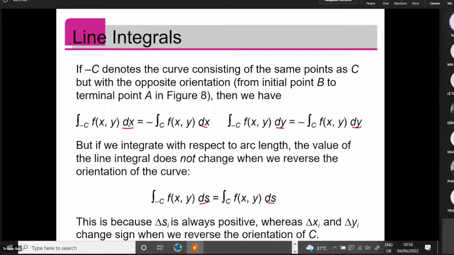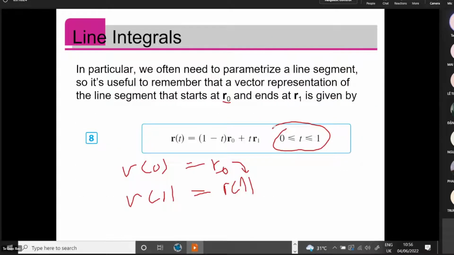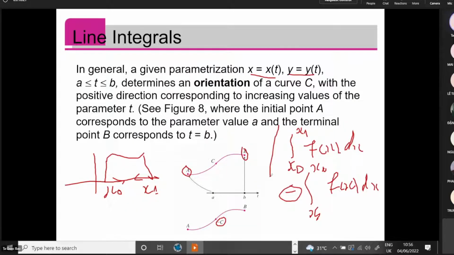So this integration is with respect to x, with respect to y. When we take the integration with respect to x and y, then when you change the direction in C, it's different. Look at this picture here. From A to B, if you change, then you go from B to A. So therefore, this comes back to the integration in calculus 1 with respect to dx and dy.